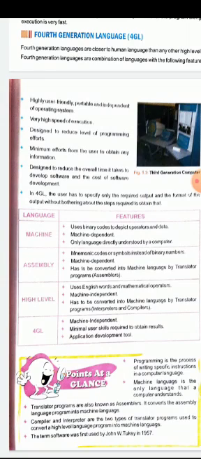Next, assembly language. Mnemonic codes or symbols are used instead of binary numbers. This is also machine dependent. Here we need translators to translate this assembly language into machine language. That translator program is known as assemblers.